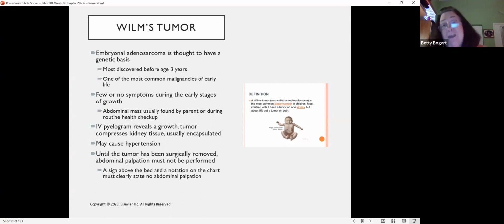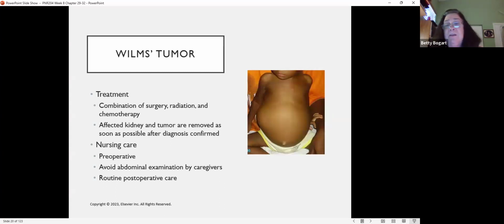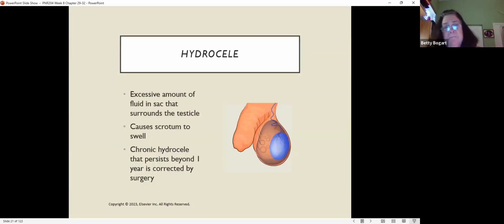Now, it's a kidney problem, a kidney tumor. It can cause hypertension. So does renal failure, right? Kidneys. That's one of the things it could. So they do surgery, radiation, chemo, and they get it out. And these kids actually do really well. And our whole thing is that pre-op, as nursing care, don't palpate that abdomen.